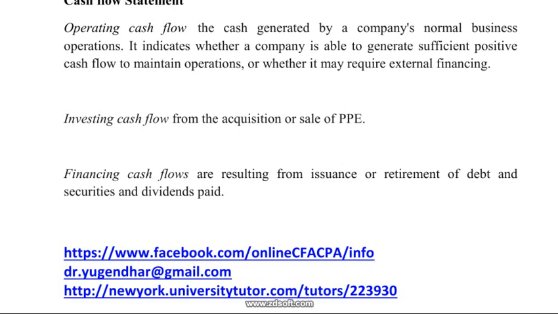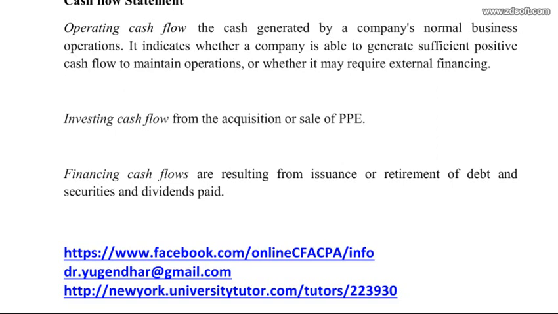So it is the cash generated by the company's normal business operations. It indicates whether a company is able to generate sufficient positive cash flow to maintain its operations or not, whether it may require additional funds, additional financing.